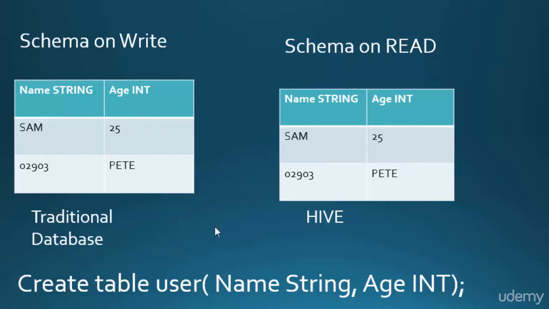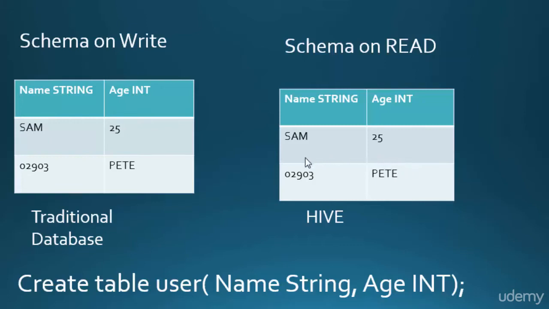In this example, let us say we have created a table called user with name and age as string and integer respectively. If we try to load these values into a Hive table, the loading will be successful.